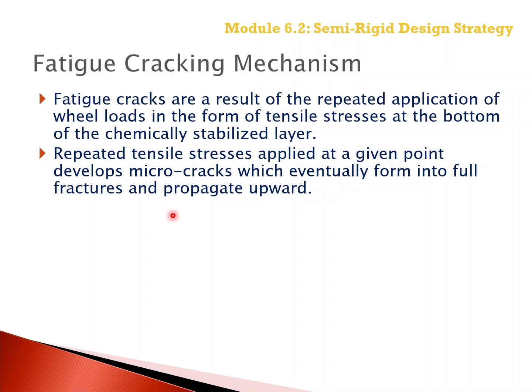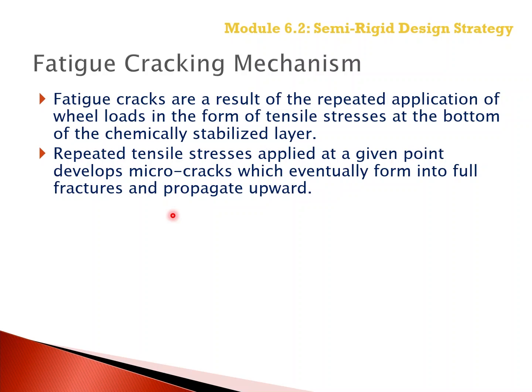The repeated tensile stress at the bottom of the layer, applied at a given point, develops micro cracks, which eventually form a fracture and then propagate through the chemically stabilized layer.